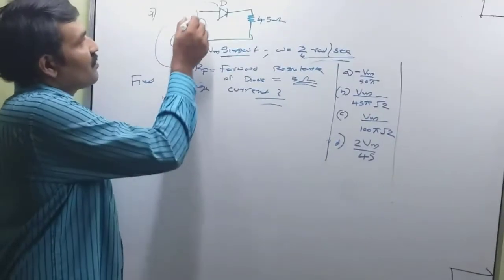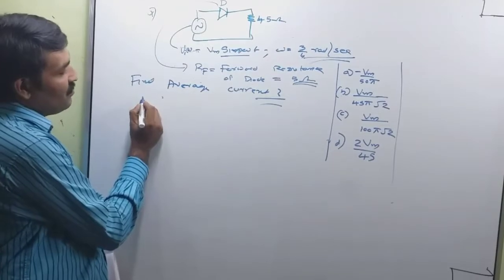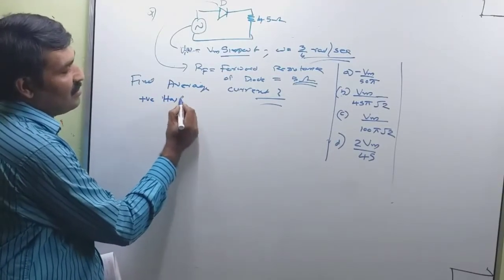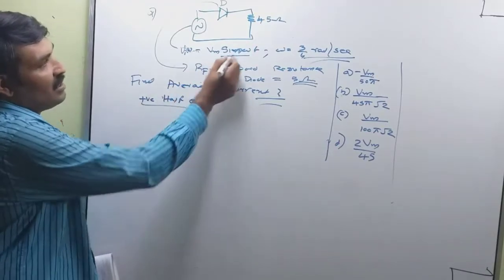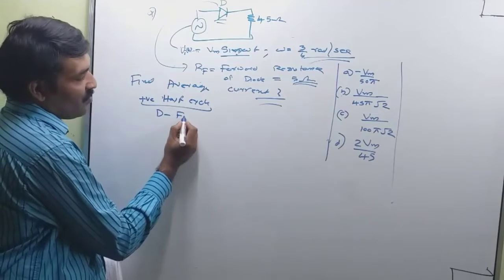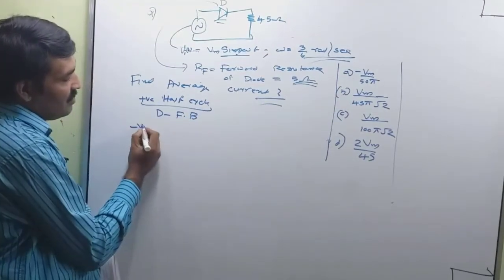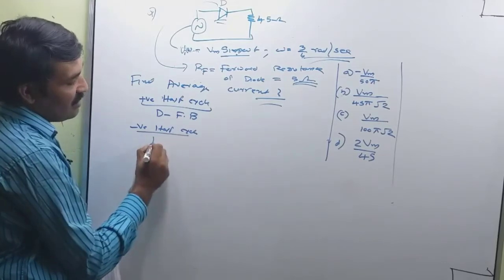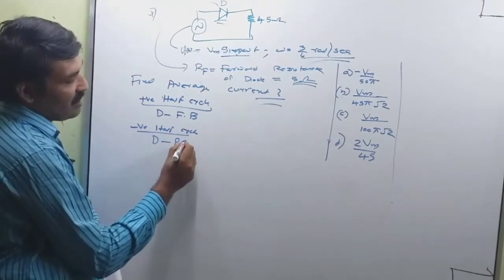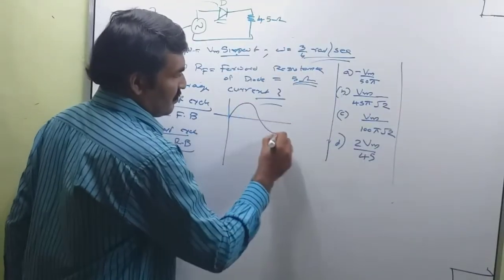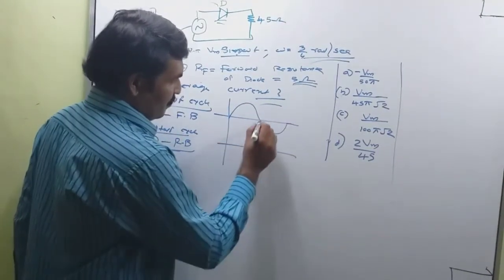Now, under forward bias condition, that is during the positive half cycle of this sine wave, diode D is forward biased. During the negative half cycle, the diode is in reverse biased condition. So these are input and our output.